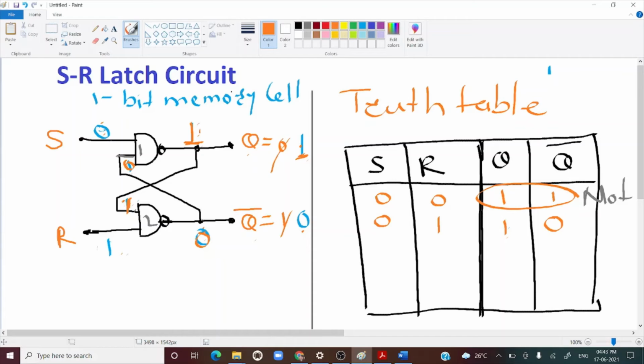Now assume the next condition, S is 1 and R is 0. For this I will erase the previous outputs quickly. Okay.